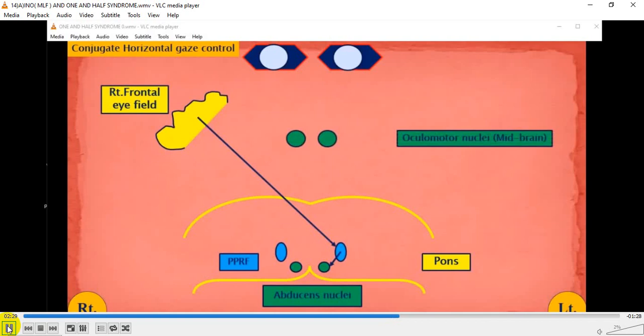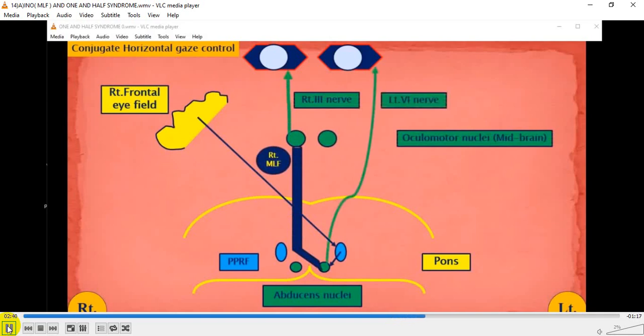That 6th cranial nerve will supply the same side abducent, and it is going to supply the opposite side third cranial nerve via the medial longitudinal fascicle. We call it the right side medial longitudinal fascicle, which will supply the right third cranial nerve, which will supply the medial rectus, producing adduction, and this 6th cranial nerve will stimulate the lateral rectus, producing abduction of the left eye, and adduction of the right eye.